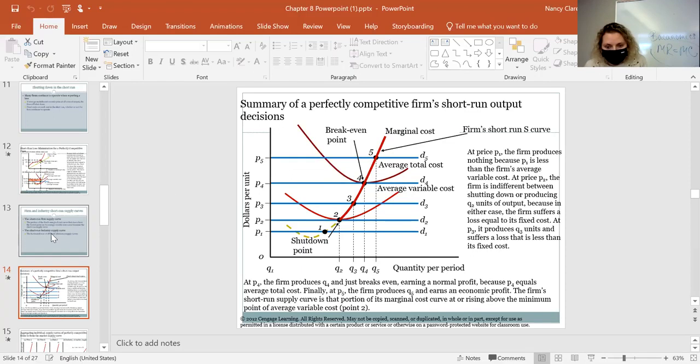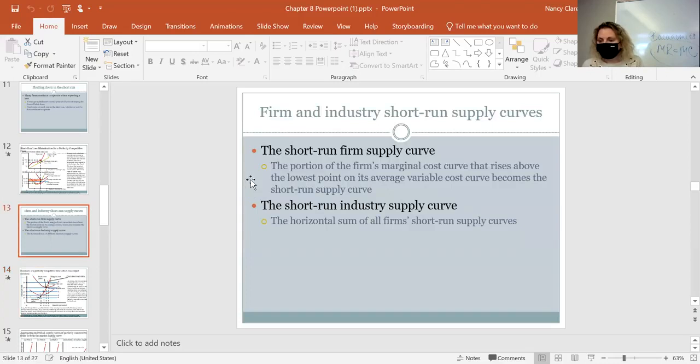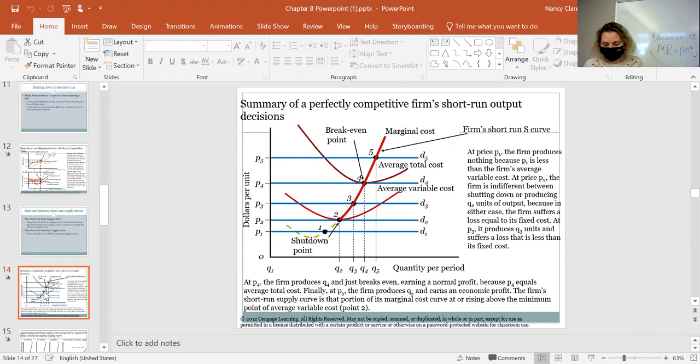And so we just said in the previous slide, the short run firm supply curve is the portion of the firm's marginal cost curve that rises above the lowest point on the ABC. So this part of the MC that rises above 0.2 and up is actually your short run firm supply curve.